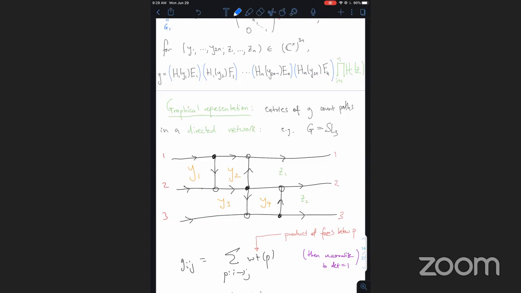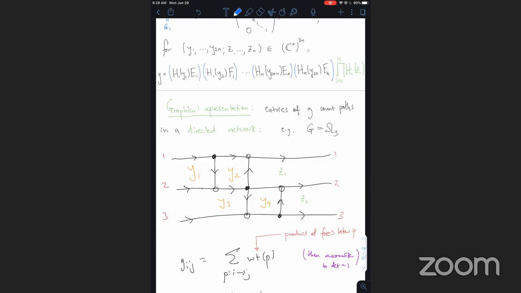So we have this network with 3 horizontal lines that flow from left to right. The way you should think about the correspondence between this network and the factorization above is that these complex numbers y1 up to y2n, z1 up to zn live on the faces of this network.